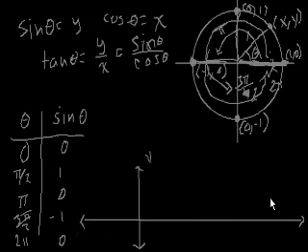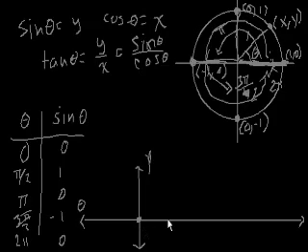But in this case, instead of calling that the x-axis, let's call that the theta axis, because we defined theta as the input, or our domain is in terms of theta. So this is the theta axis, and now we're going to graph sine of theta. When theta equals 0, sine of theta is equal to 0. So that's this point right here, 0 comma 0.